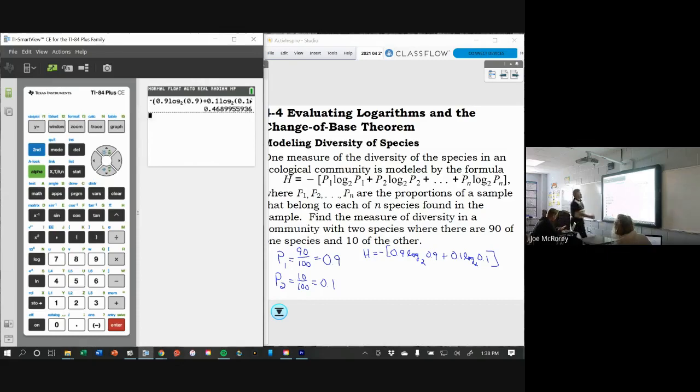So H equals about 0.469, whatever. Okay, it didn't say where to round it to. Now always tell me to round, and then I don't round. Okay, wait a minute. And again, I don't even know what that means.